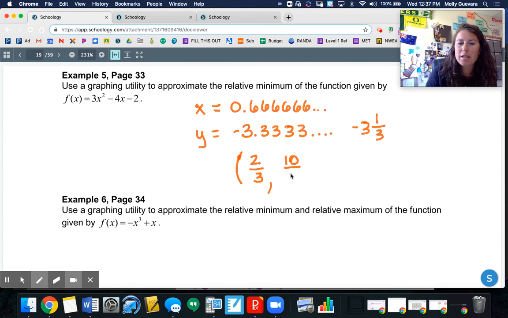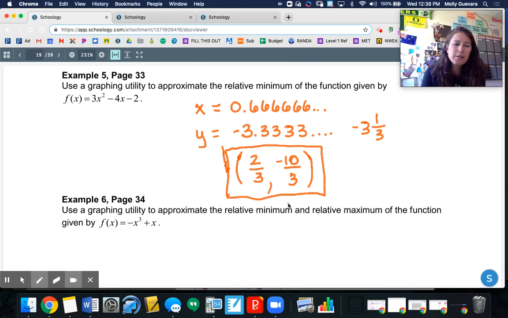Keep the denominator the same, and then put the negative back in. So that is the coordinate. I don't know why my pen doesn't want to write for me. That is the coordinate of the minimum.